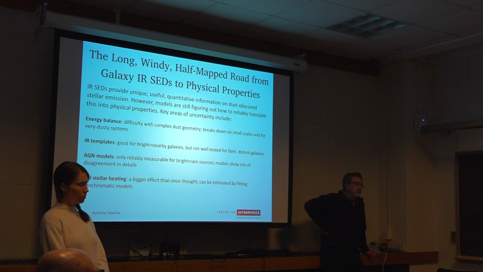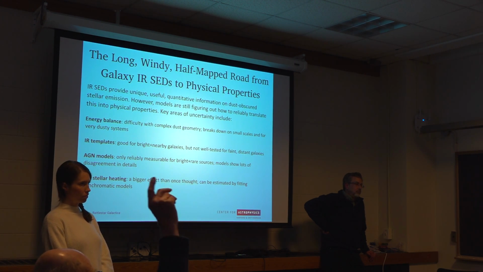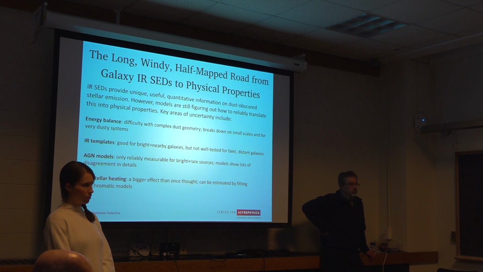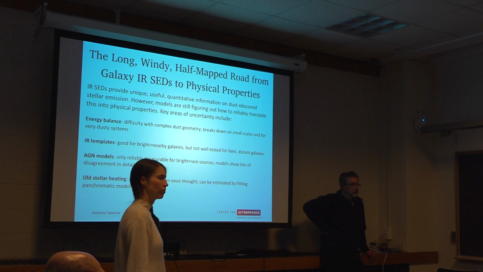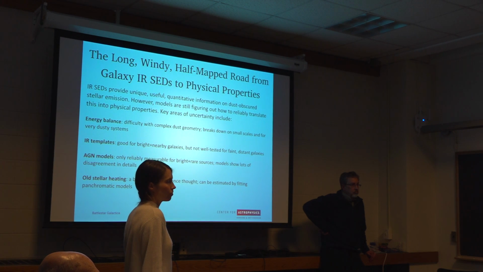So they do try to distinguish between those two things. And the heating is done by the post-asymptotic giant branch stars, things like that, really hot stars that are in the old population. So they don't distinguish in the paper. They say old is anything older than 100 mega years old. And yeah, if they take that out, the IR luminosity dropped by almost a factor of 10, which is remarkable, really remarkable.